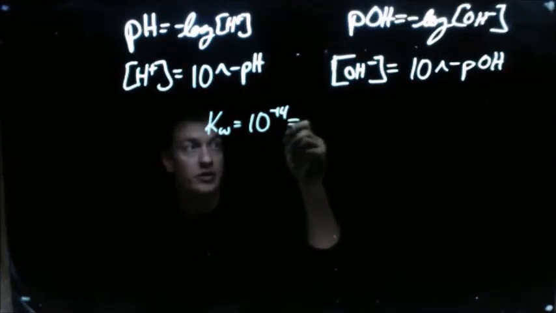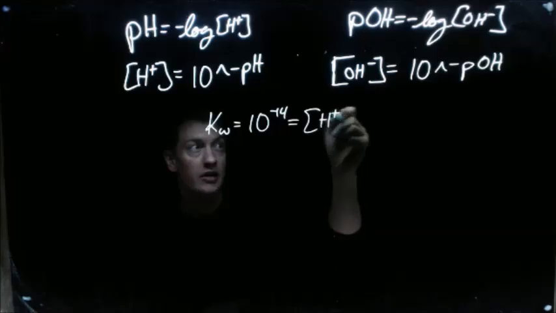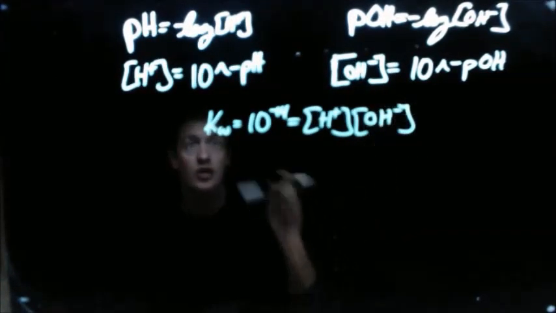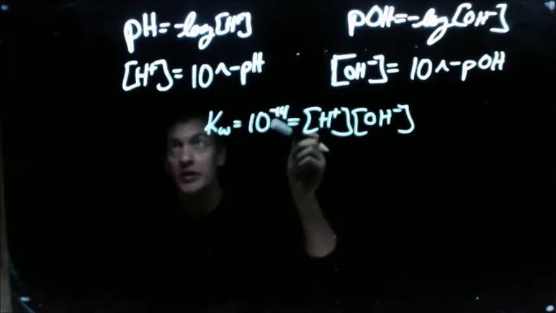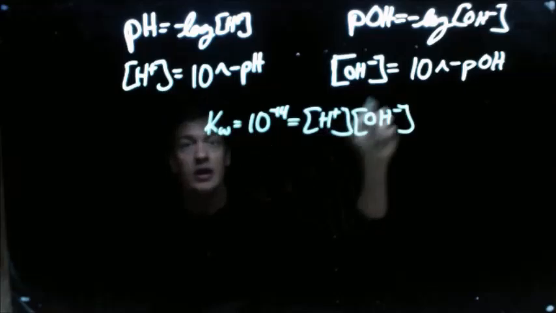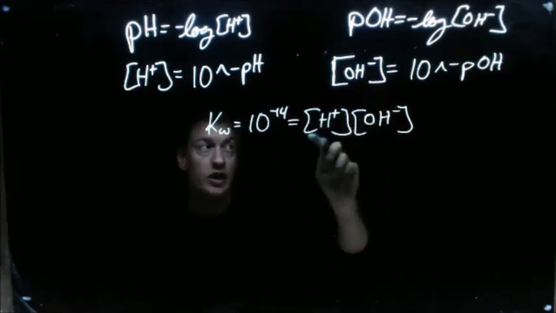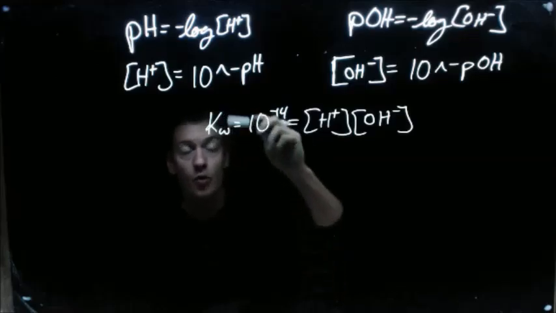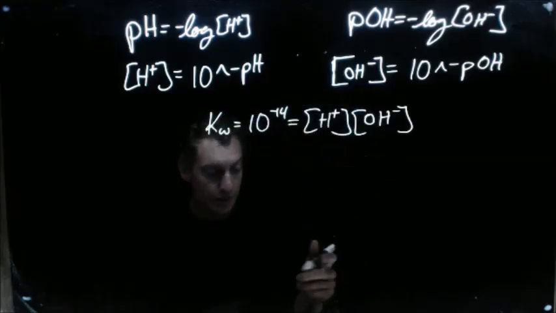And Kw is found by taking the hydrogen ion concentration and multiplying that by the hydroxide ion concentration. Those two multiplied together will always give you 10 to the minus 14. So if you know one, you can easily find the other.